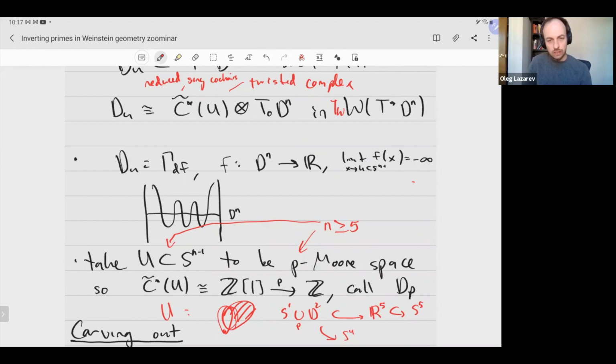So you have a function from the disk to R that depends on U. Then you take the differential of this function, and that gives you a Lagrangian of T star D n. And it's a disk because it's just the graph of a one-form over a disk. Does that clarify? Thank you.